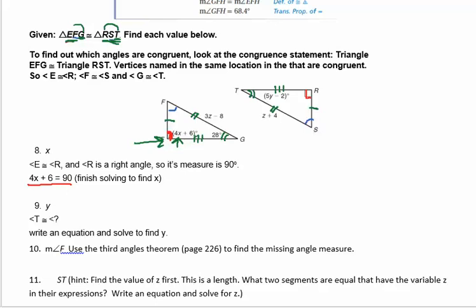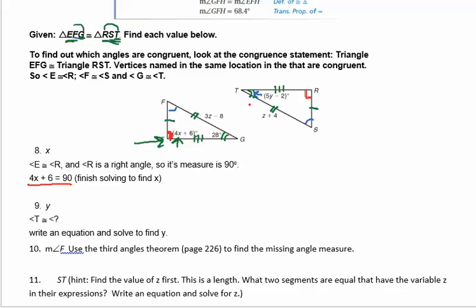Now the next one asks us to find y. So y is over here, which is also an angle mark. See, it's got an angle thing. So it must be pointing to angle T. Sometimes it's a little tricky, so look for the angle marks to make sure you know if you're doing an angle or a side length. Side lengths won't have a little degree sign.